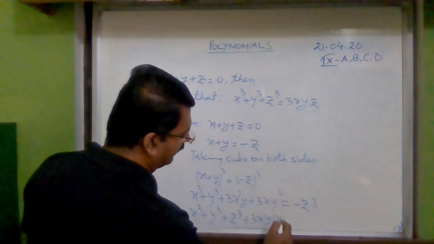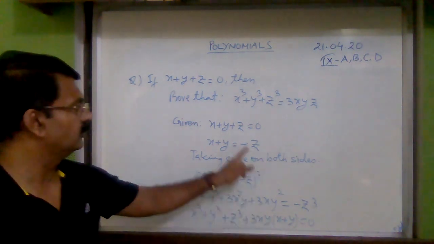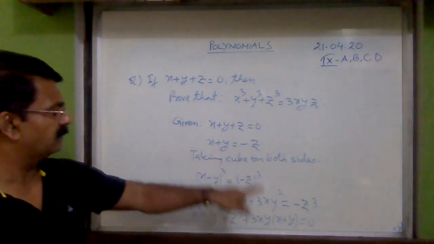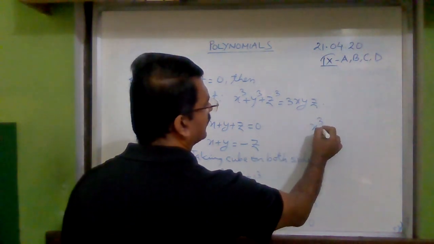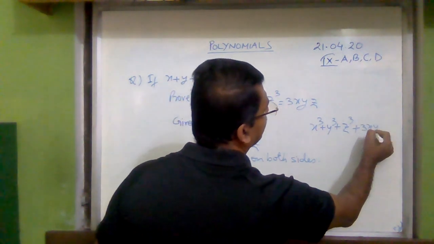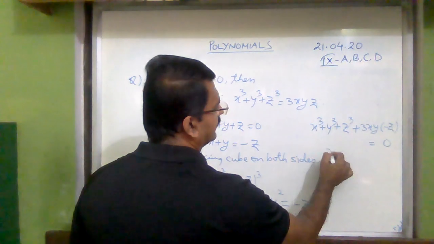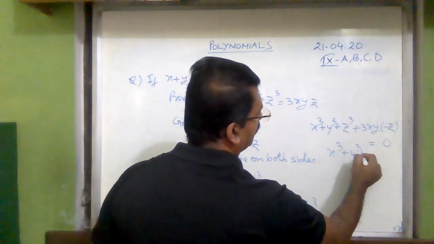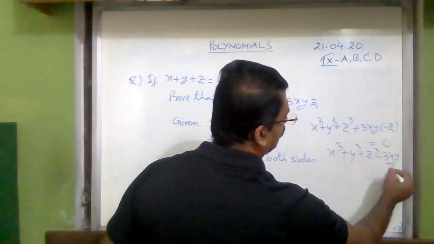So within brackets we will have x plus y. Now in place of this x plus y you put minus z, then it will be x cube plus y cube plus z cube plus 3xy into minus z is equal to 0. That is x cube plus y cube plus z cube minus 3xyz is equal to 0.